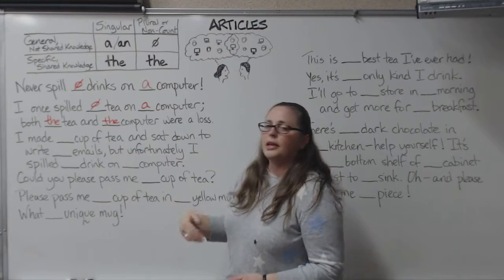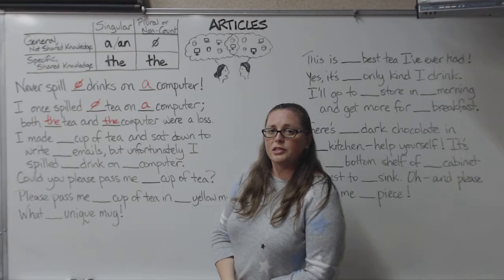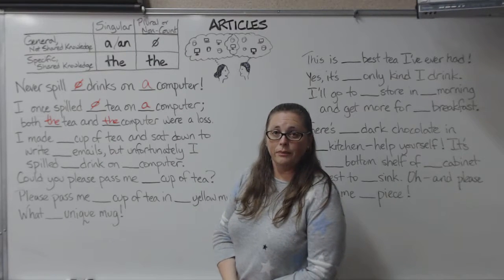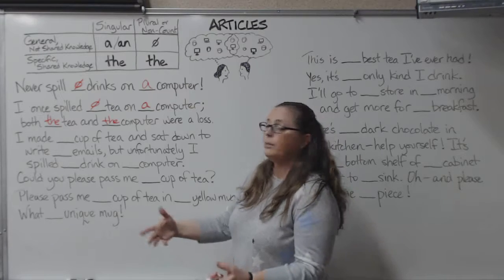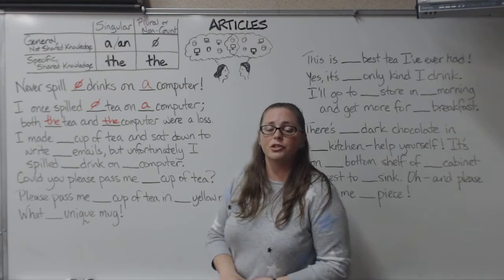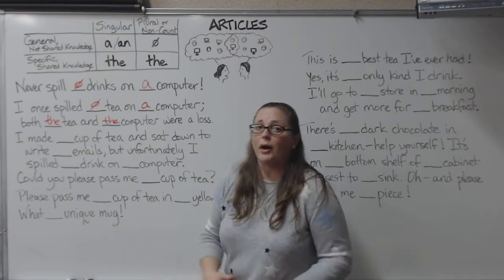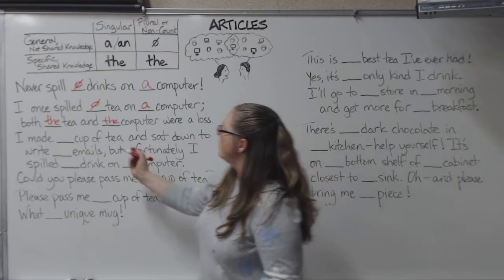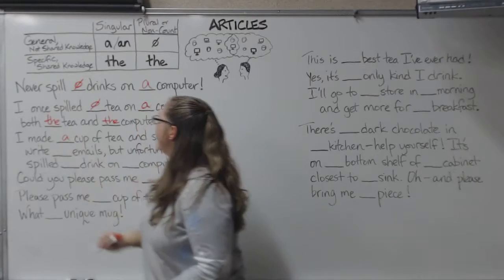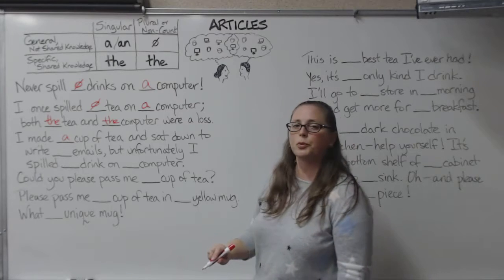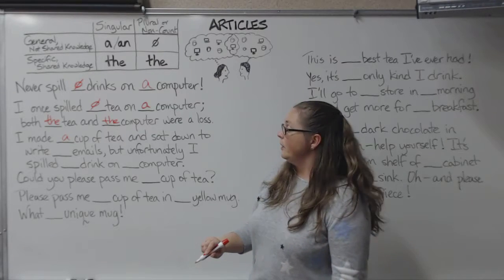The speaker is telling this information to the listener for the first time. I made a cup of tea. We think the listener does not already know about this cup of tea. So I made a cup of tea and sat down to write emails.